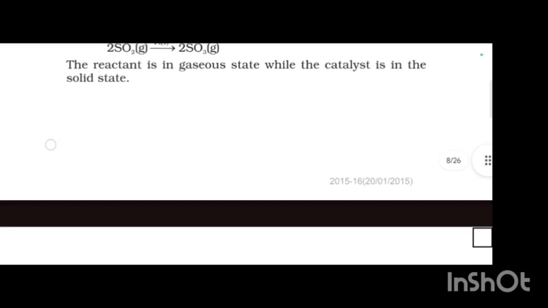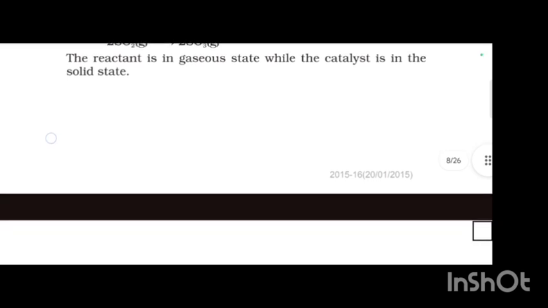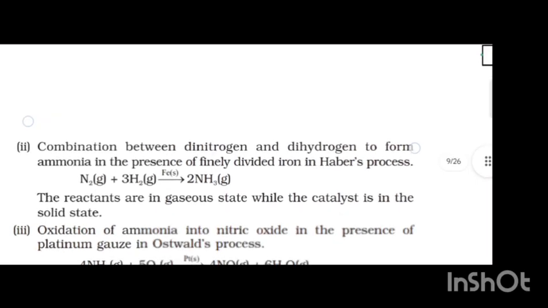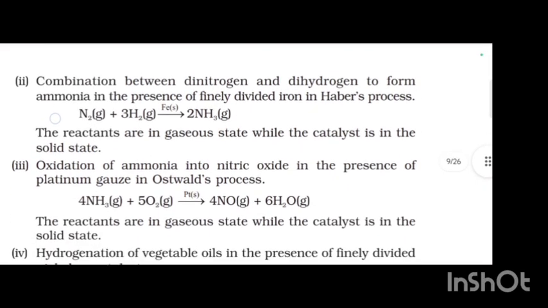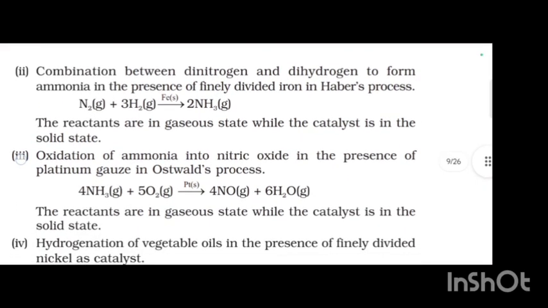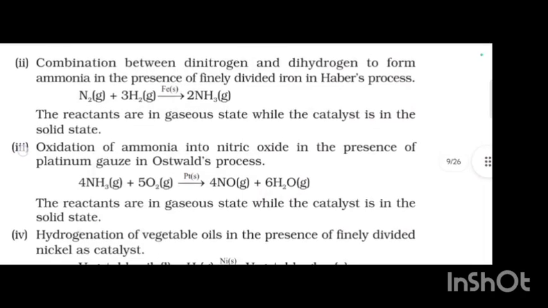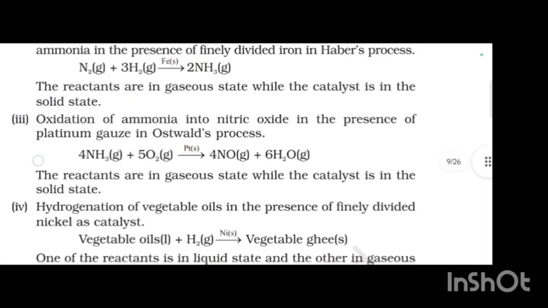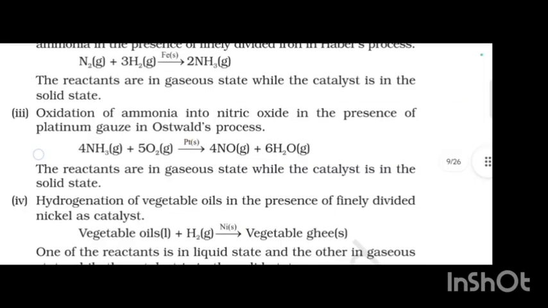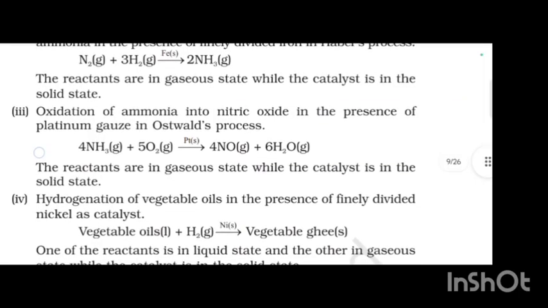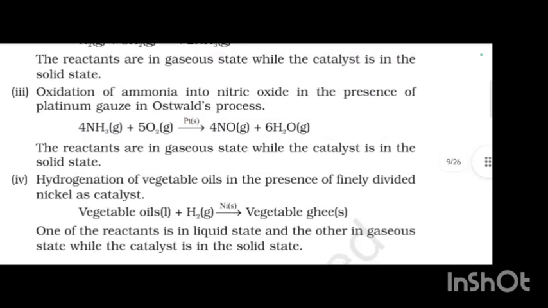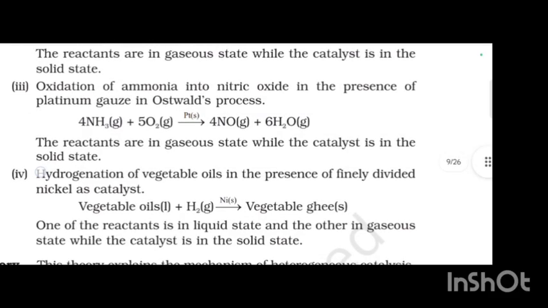The reactants are in gaseous state while the catalyst is in the solid state. Second, combination between dinitrogen and dihydrogen to form ammonia in the presence of finely divided iron in Haber's process. N2 gas plus 3H2 gas in presence of iron solid gives 2NH3 gas. The reactants are in gaseous state while the catalyst is in the solid state.